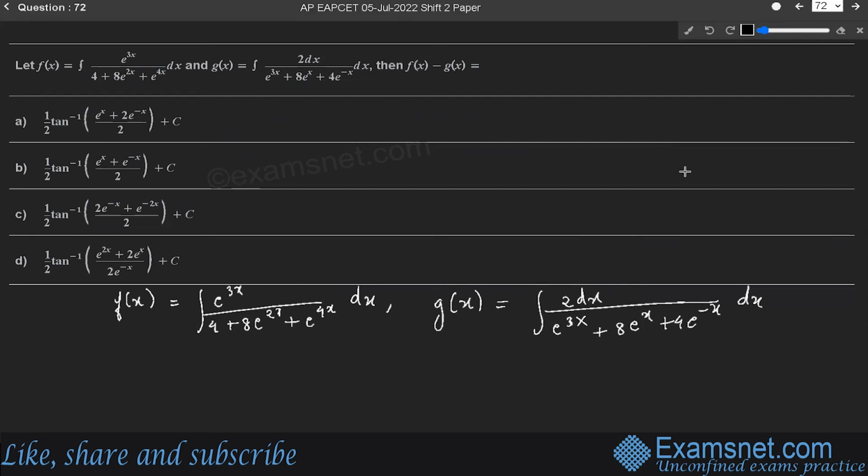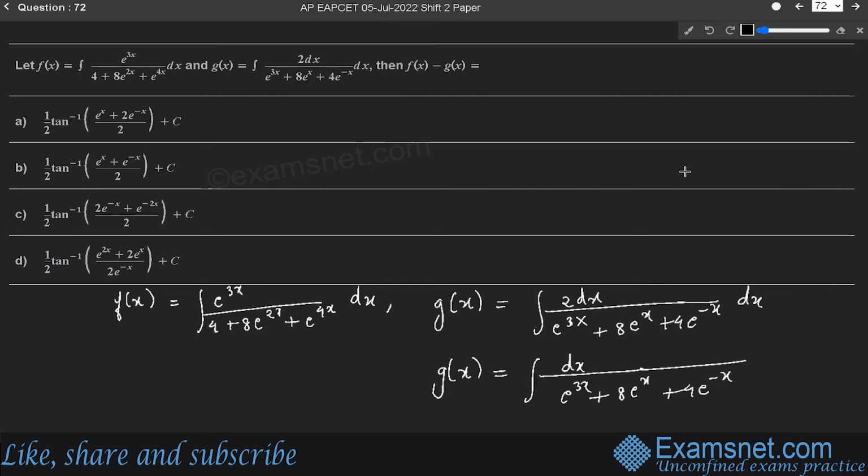Here you can see that in g of x, 2 is the constant. So taking 2 outside or ignoring 2 here, g of x will be equal to integral of dx divided by e power 3x plus 8 into e power x plus 4 into e power minus x.